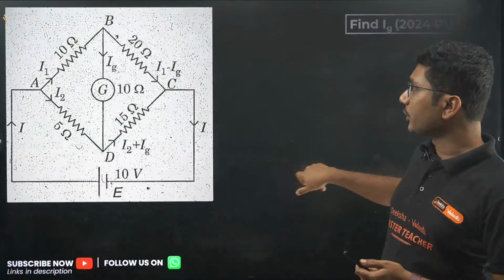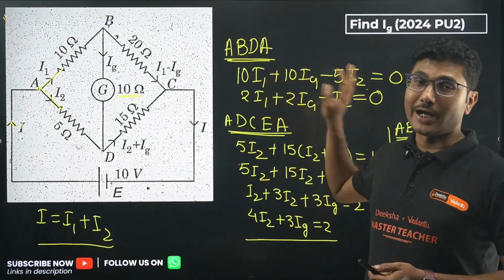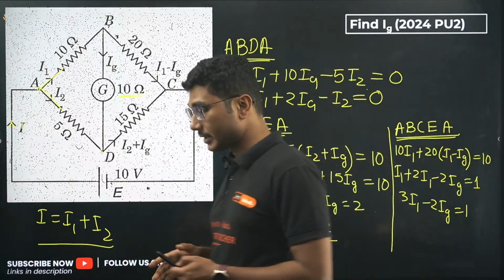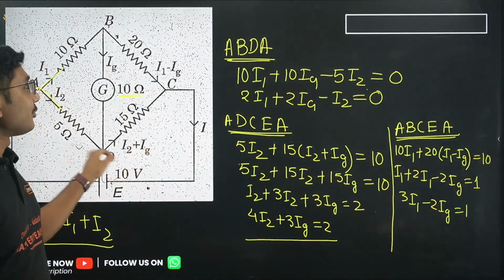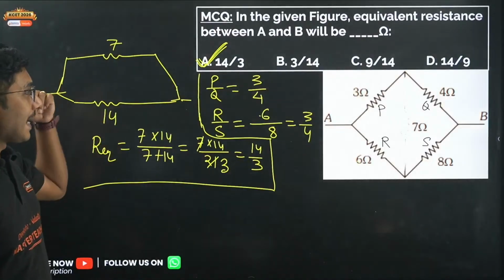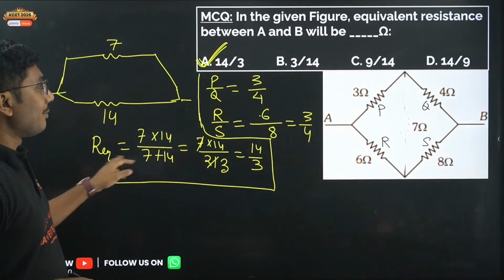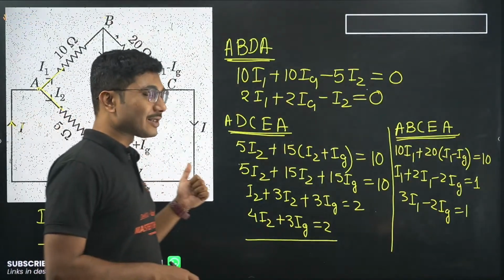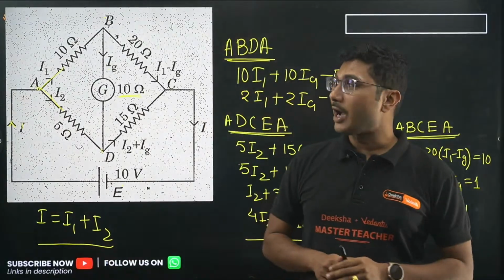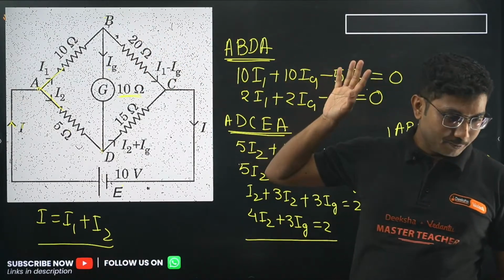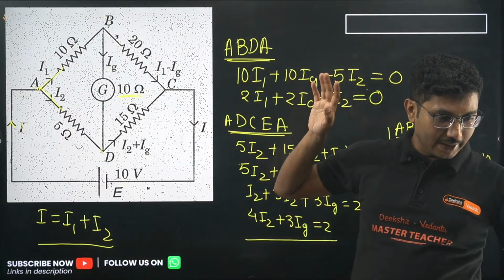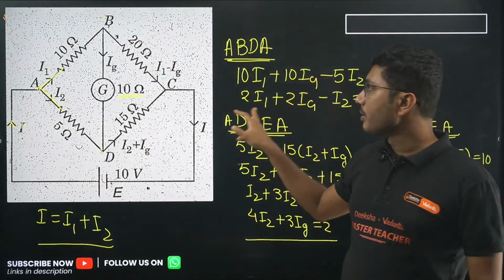I have used the shortcut. There is no shortcut for an unbalanced Wheatstone circuit. Okay, the shortcut is only for a balanced Wheatstone bridge that I have already used and I have already solved. But for an unbalanced circuit there is no shortcut. You have to use circuit analysis and simplify it. Okay, I hope that clears your doubt.